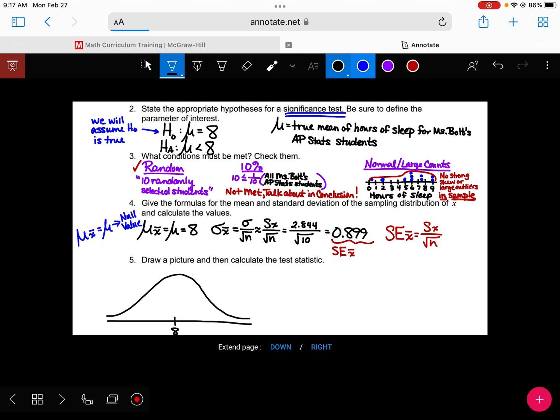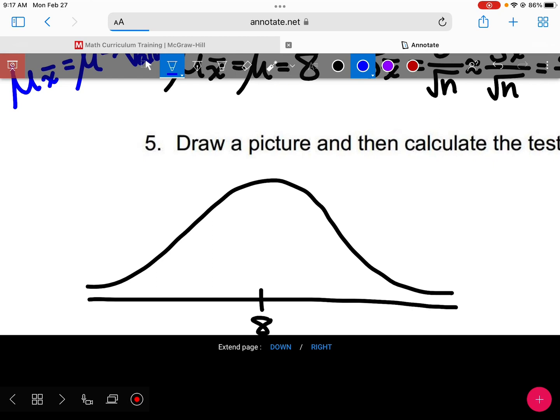What was our X bar? 5.82. Which side would that be on? Left side. 5.82 or smaller, so this.